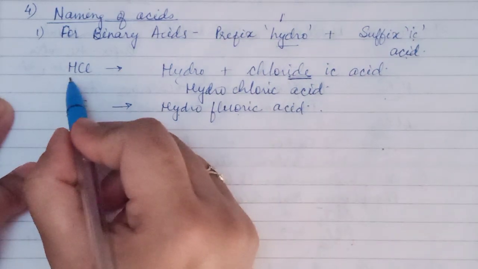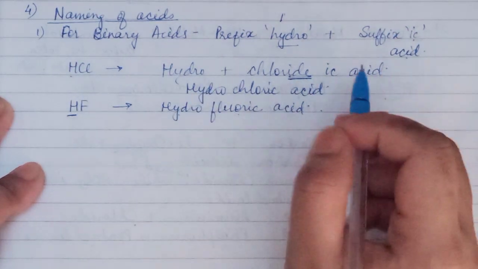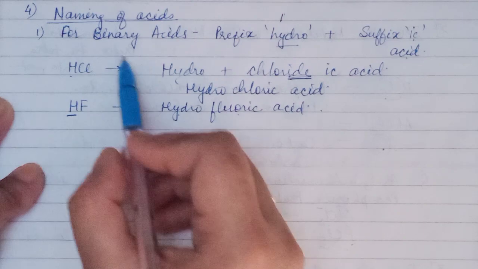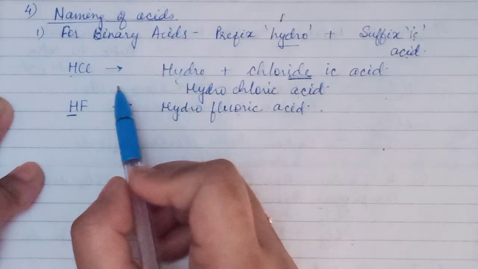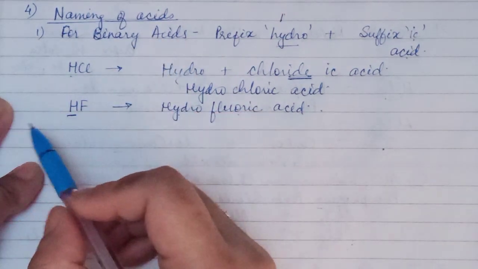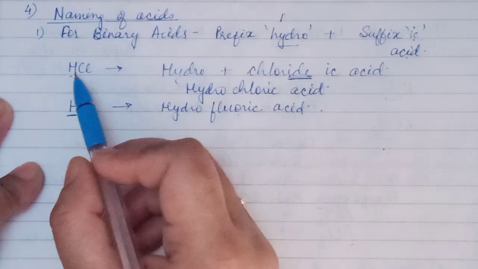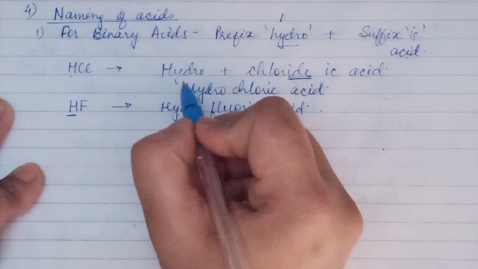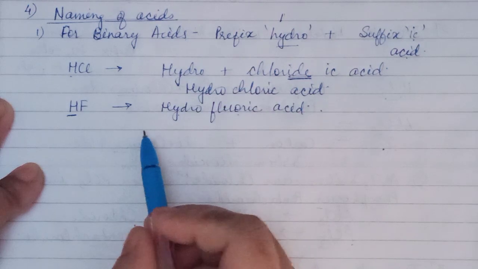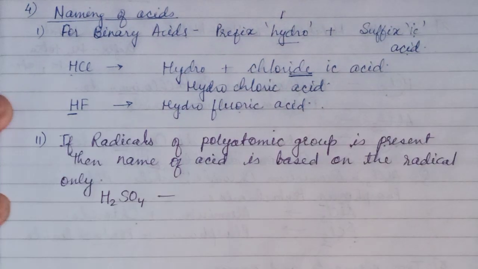Hydrofluoric acid, hydrochloric acid. See children, this is applicable for binary acids only. If it is more than 2 elements, then you will write with another naming system. It is only for binary acids.